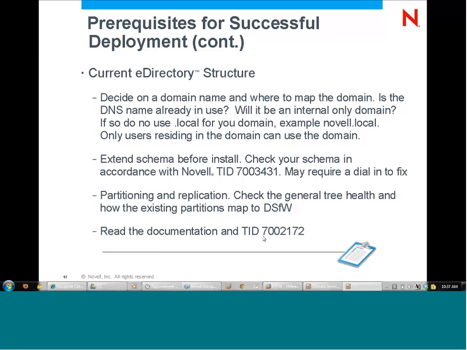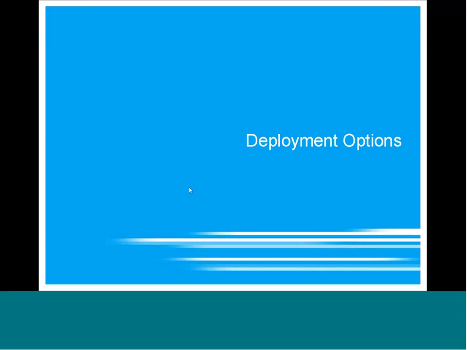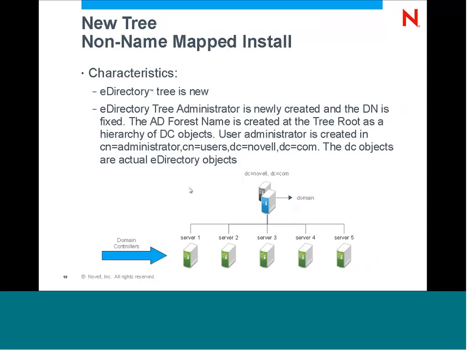Our deployment options: we've got two. First is a new tree, which is called non-name mapped. An existing tree is called name mapped, because you're mapping to a container. Some characteristics to think about if you're doing a brand new tree: first of all, it creates DC objects instead of O's and OU's.